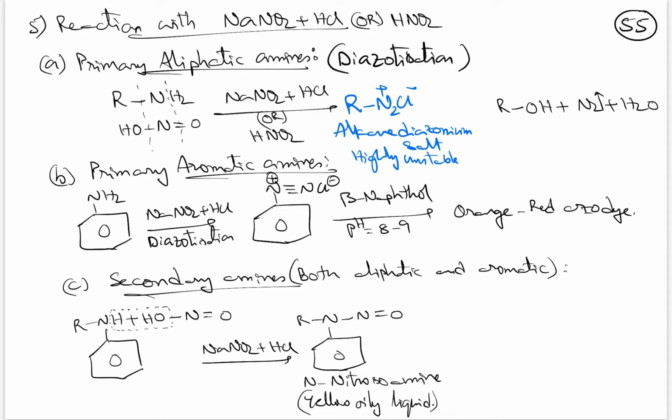Even at a low temperature it is unstable, so it cannot be stored; it will decompose to give alcohol and nitrogen gas will be eliminated. And the same reaction, diazotization, if it is done with primary aromatic amines, then benzene diazonium chloride will be formed.